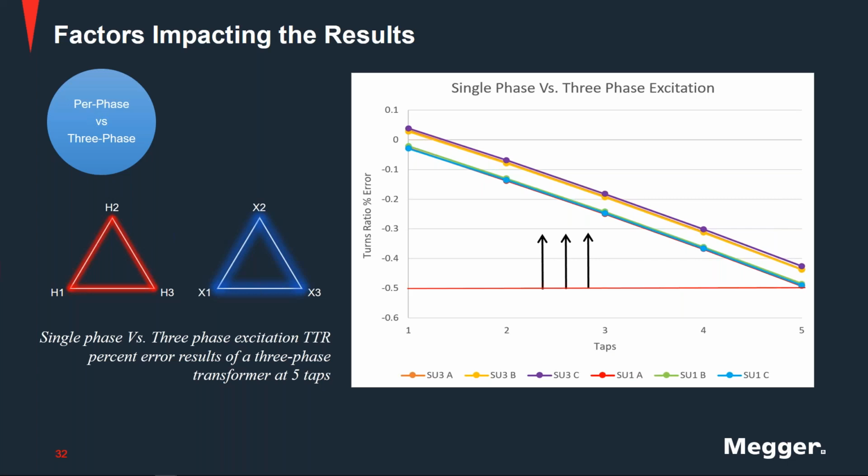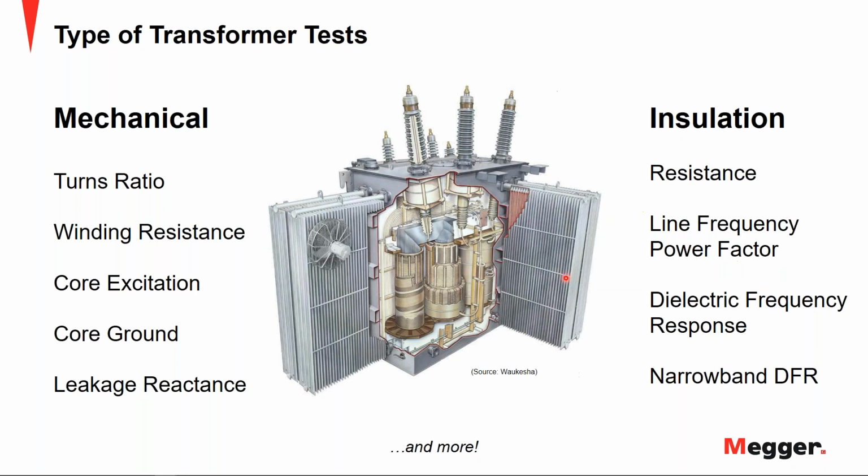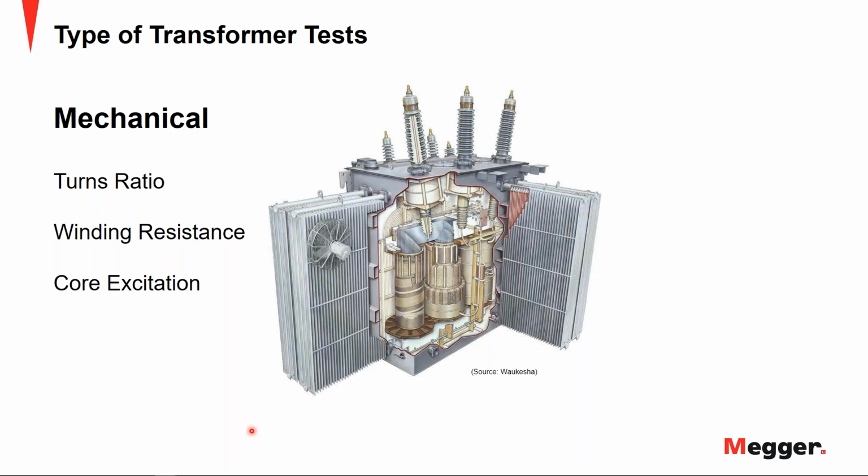For example, if you're testing a small dry type transformer, sometimes if you apply too much voltage, you may lead to higher excitation current, and that can give you an error message, excitation current too high, or in some cases the losses taking place because of excitation current may impact the accuracy of the reading.